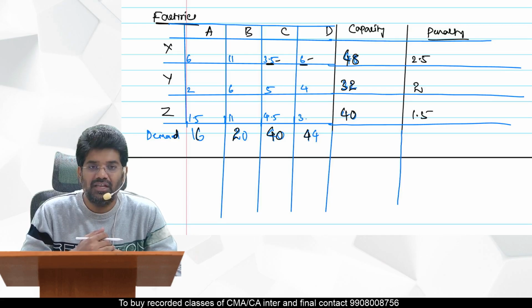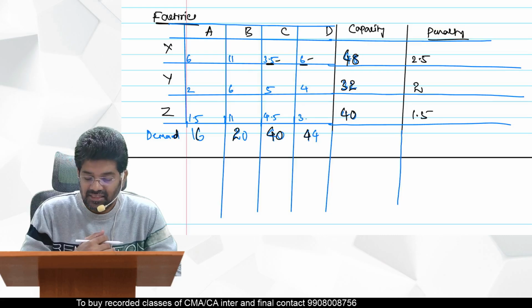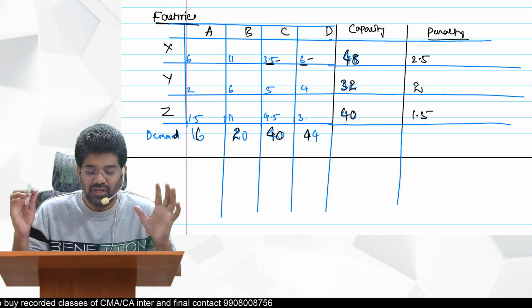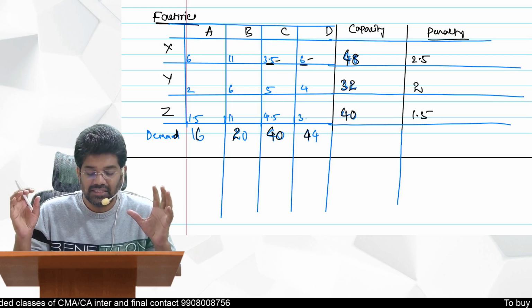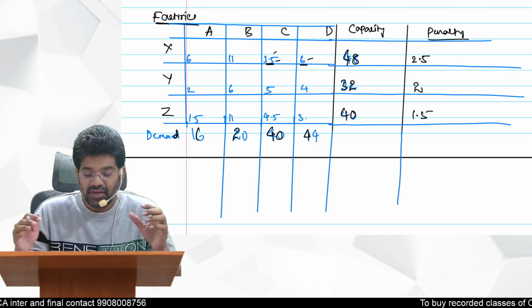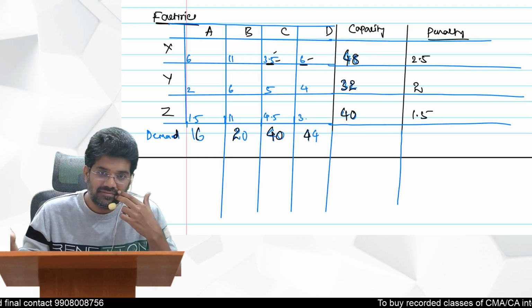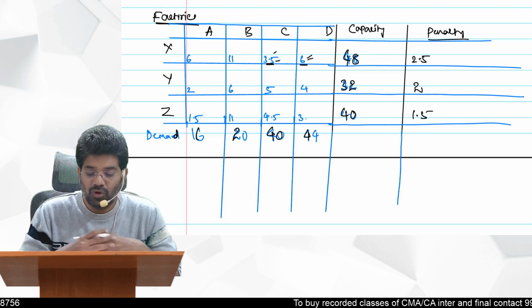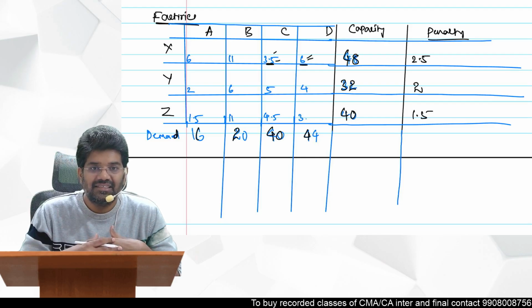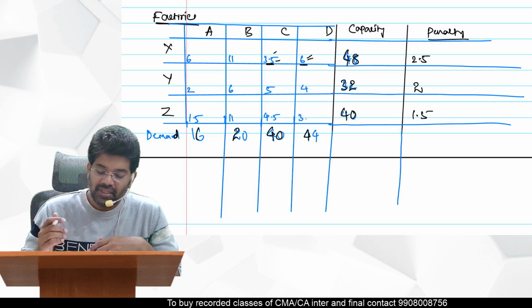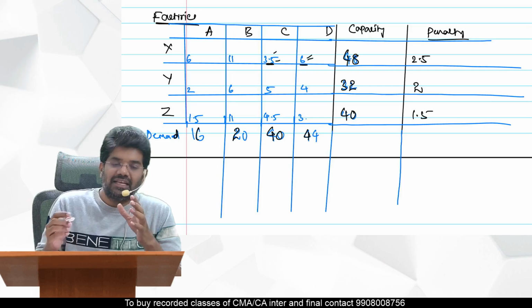My objective is to allocate to the least cost only. So instead of this, if I allocate to the next one, what is my regret? That is what we are calculating here. So the first step is to calculate the penalty.